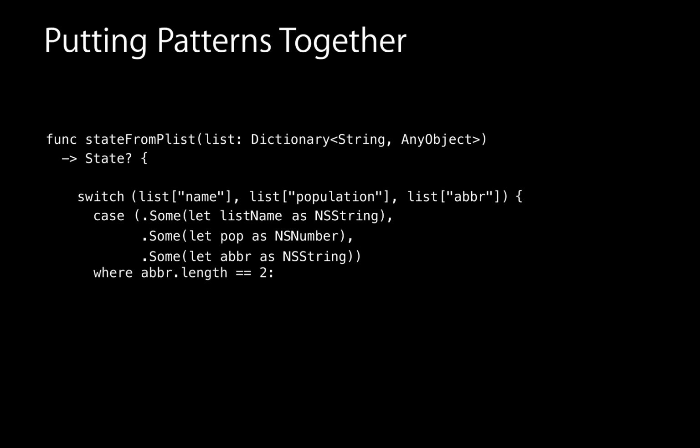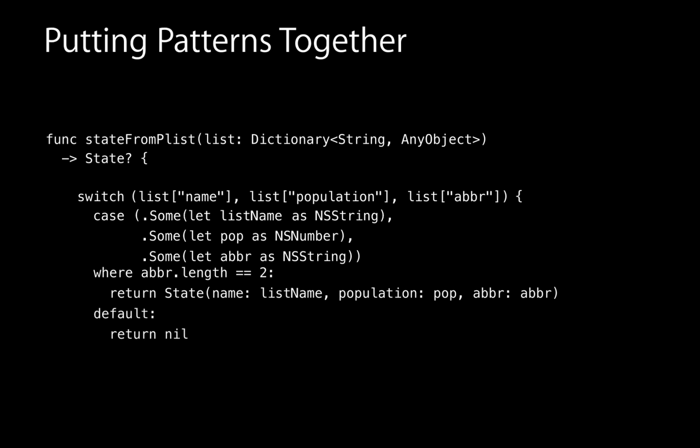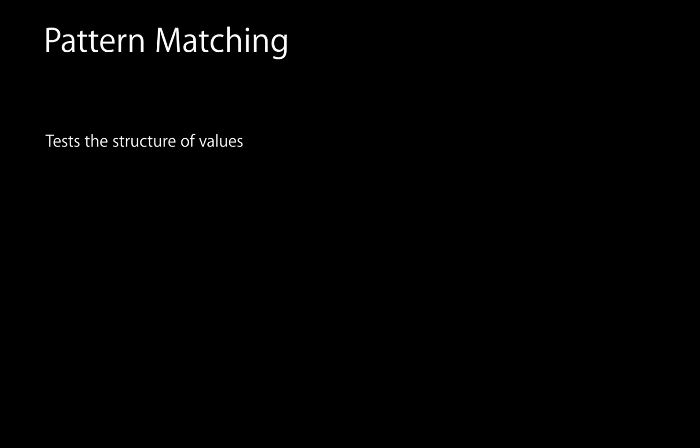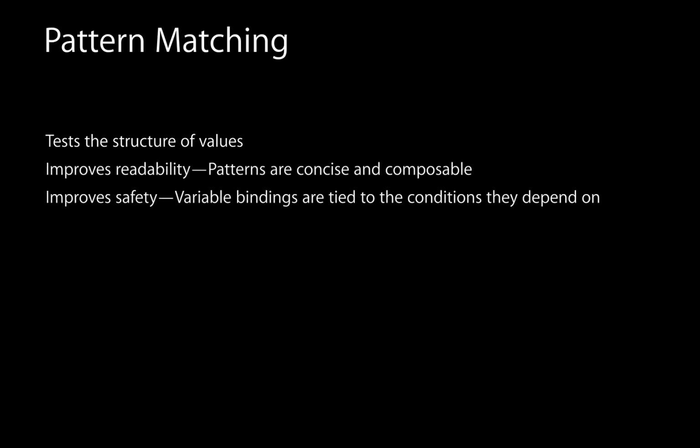And with the where clause, even check that the abbreviation is of the appropriate length. And we're done. With a single default clause, we handle all invalid property lists, and it all fits nicely on a single slide. That's the power of pattern matching. It's an incredible way to test the structure of values and really improve the readability and safety of your code.